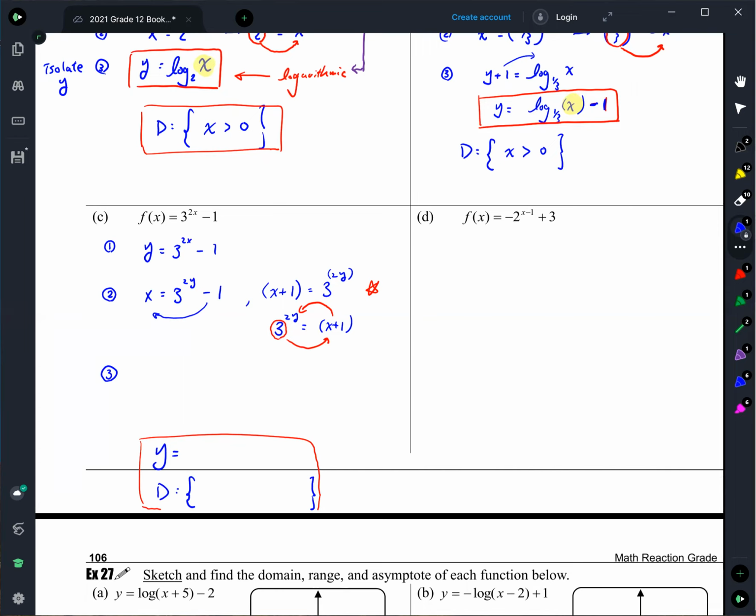Okay, should be done by now, right? You just need to counterclock and then isolate y. Okay, please raise your hand if you're done. Okay, Angela, can you tell us what it looks like after you counterclock?